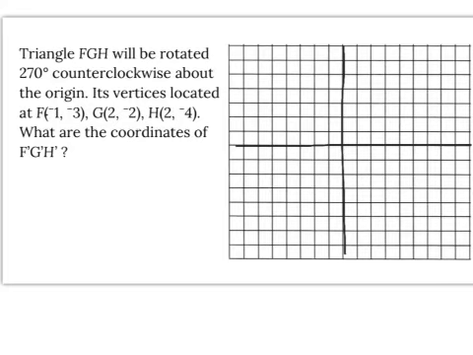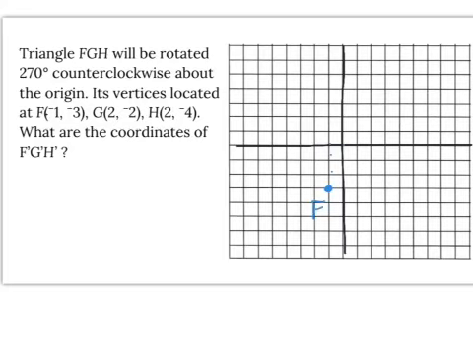Then I just need to plot my points for F, G, and H. So F is at -1, -3. That means I'm going to go to the left 1 and down 3: 1, 2, 3. Plot my point and label it.